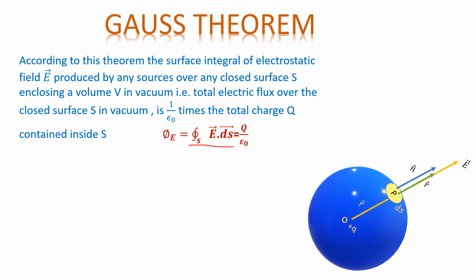If there is a closed surface and there is a charge plus Q present at the center, then due to this charge there will be electric field E. If we choose a small area element at point P whose surface area is ds, and r is the position vector of point P, r cap is the unit vector along the direction of electric field or along the position vector r, n cap is the unit vector of area vector.